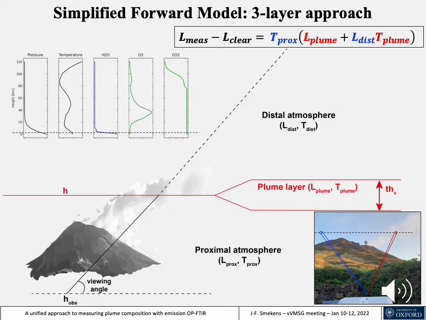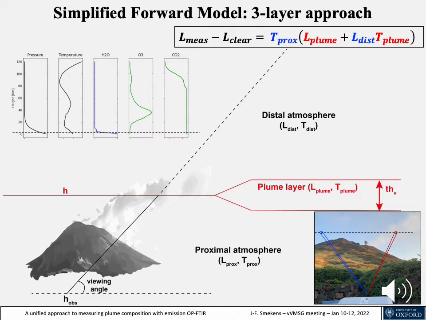Then, using the reference forward model, a full radiative transfer model, we generate spectra of radiance and transmission for two separate layers: the proximal atmosphere, which is the slice of atmosphere between the observer and the plume, and the distal atmosphere, which is essentially everything behind the plume in the line of sight.